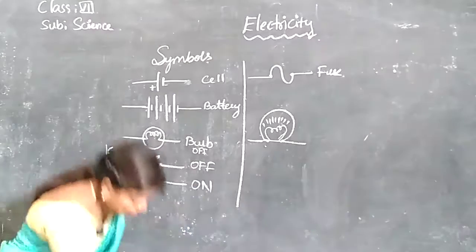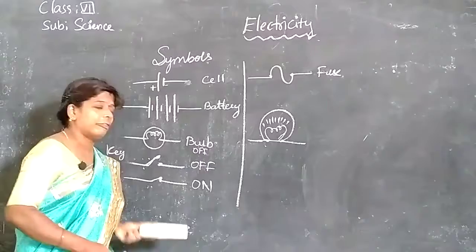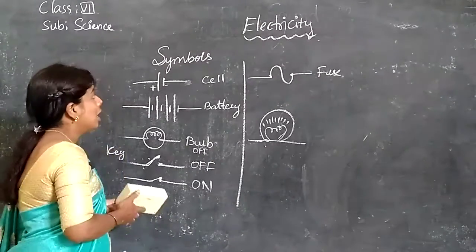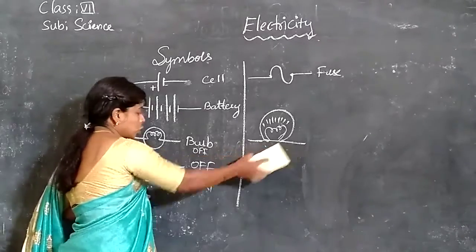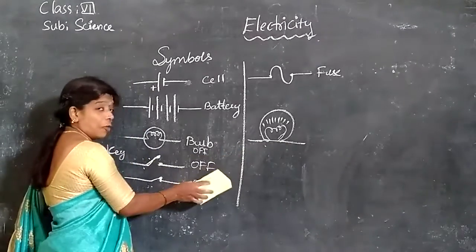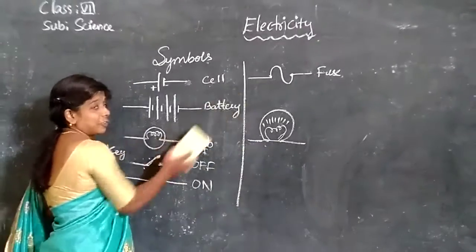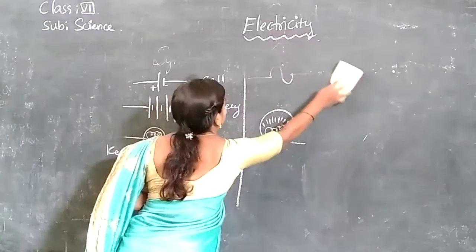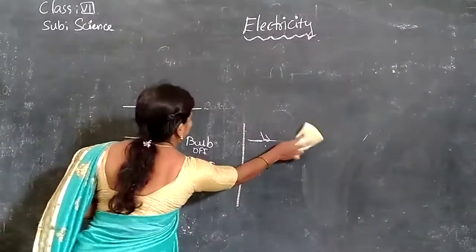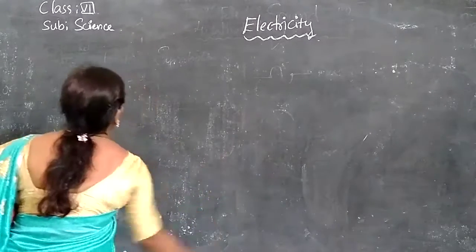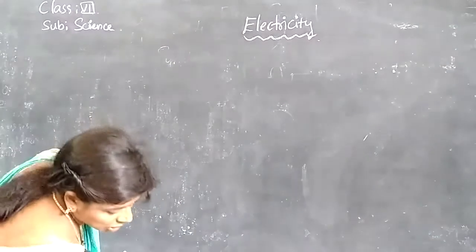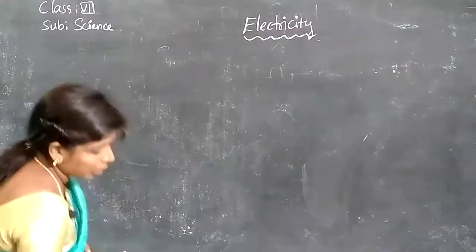So for you these are enough: cell, battery, bulb off position, bulb on position, key off position, key on position, and fuse. All of you got that? Now next, this is important.